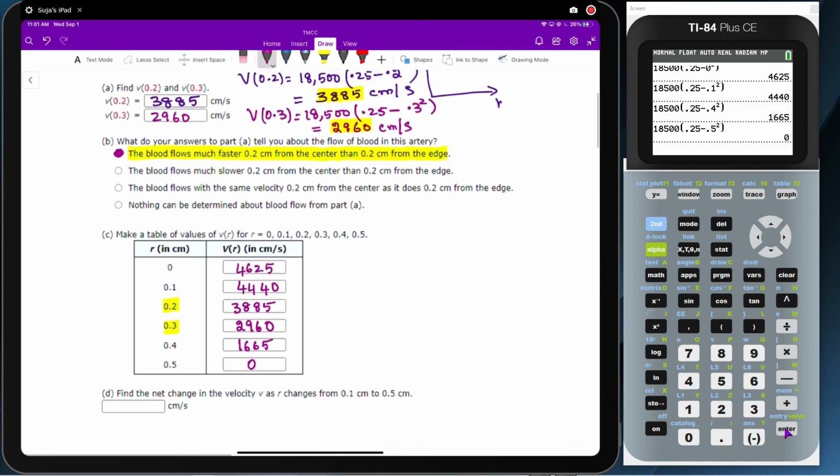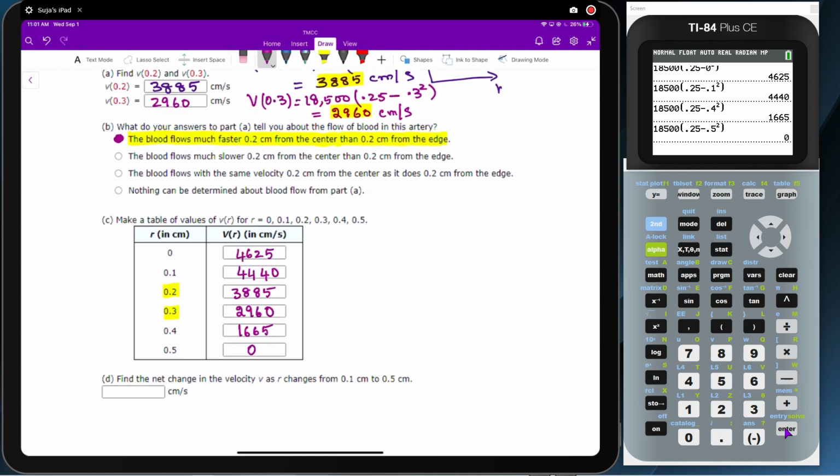So the last part of the question is asking, what is the net change in velocity v as r changes from 0.1 to 0.5? So technically it is the change in the velocity. That's what net change in the velocity is asking for. In order to do this, I will have to take the values and subtract.